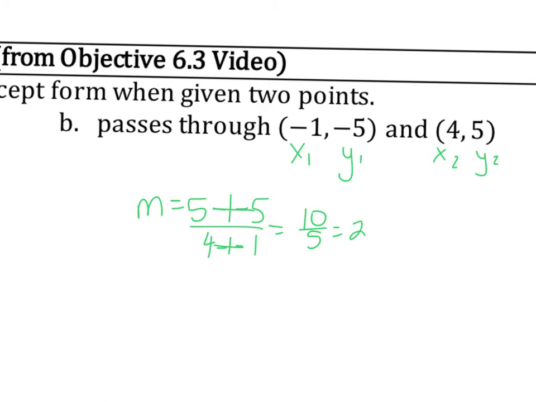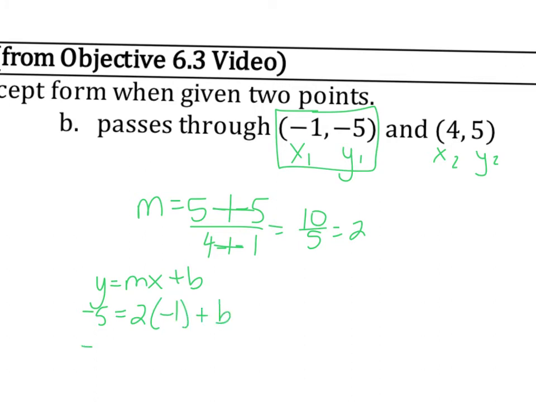All right, so then we're going to choose one of those points. And so I'm going to use that first one again. Like I said before, it does not matter. And I'm going to plug everything into y equals mx plus b. So we have negative 5 equals 2 times negative 2 plus b. So negative 5 equals negative 4 plus b.